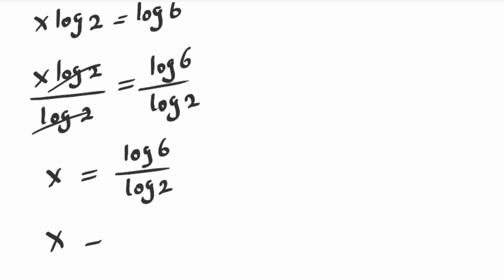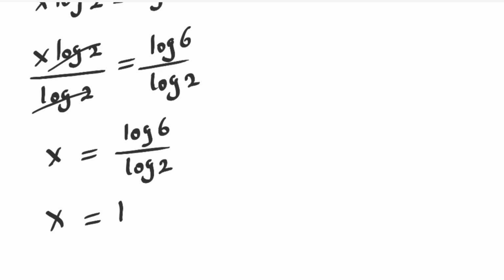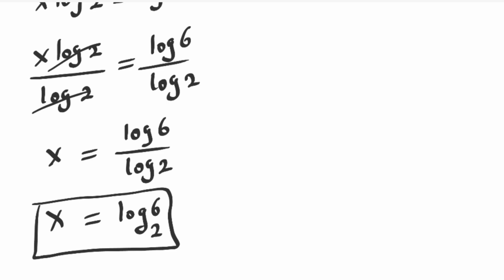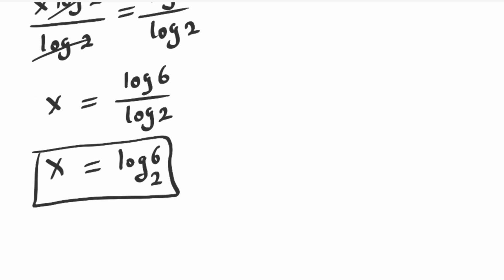Then x is equal to log 6 base 2. This is the value of x. That is, if you have log a divided by log b, this is equal to log a base b.